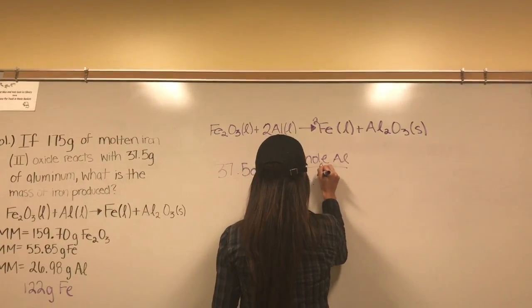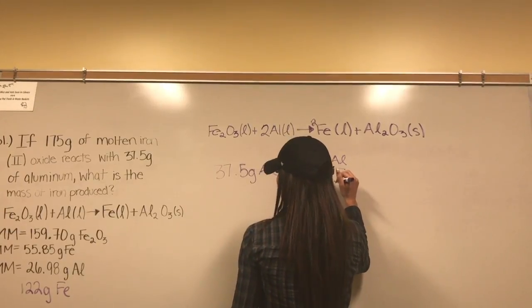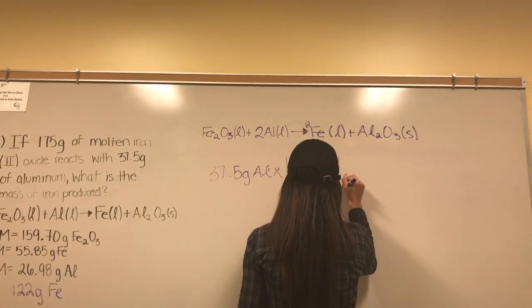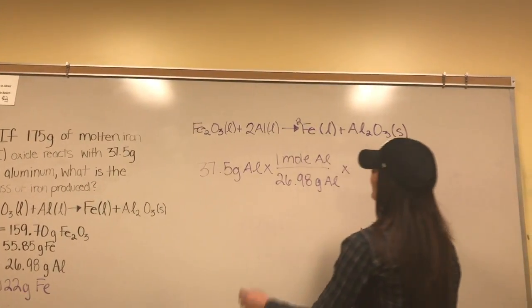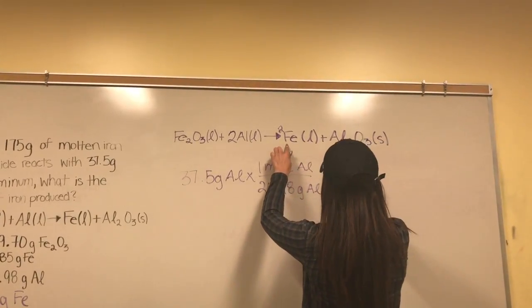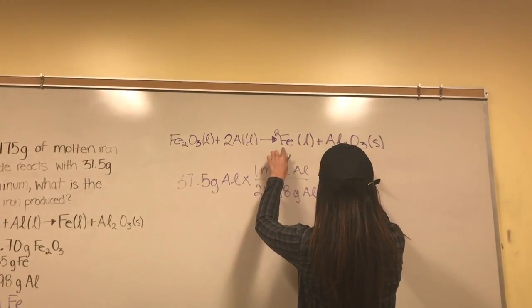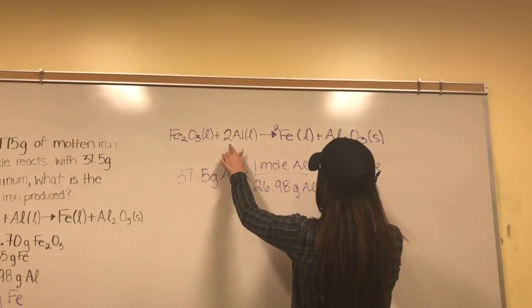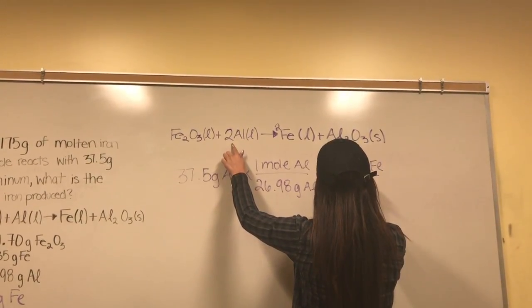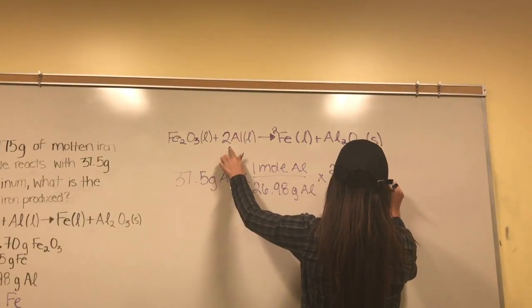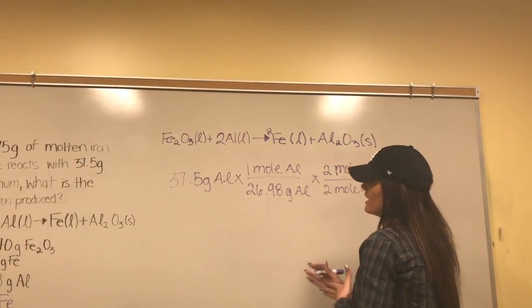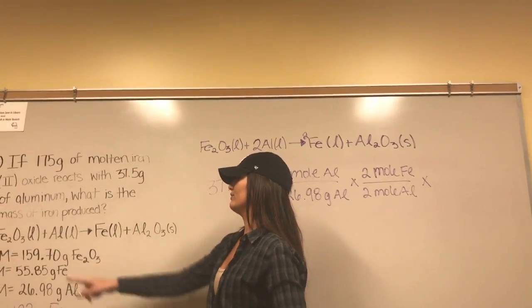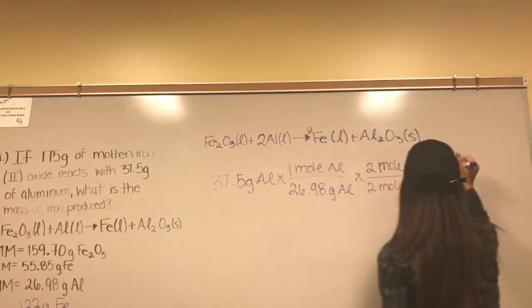So 26.98 grams aluminum, times that by 2 Fe, so we cancel out our moles. So 2 mole Fe over the 2 moles of Al, and then we're gonna have to times that again by the mass of iron, which is 55.85.